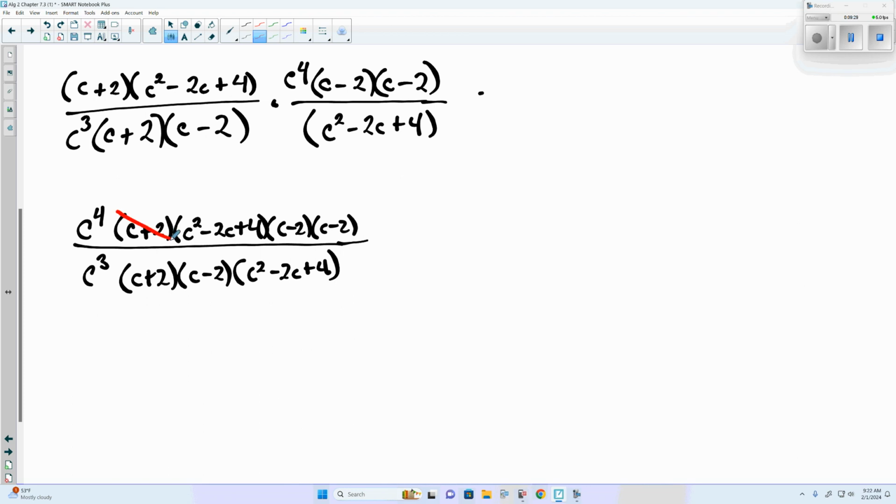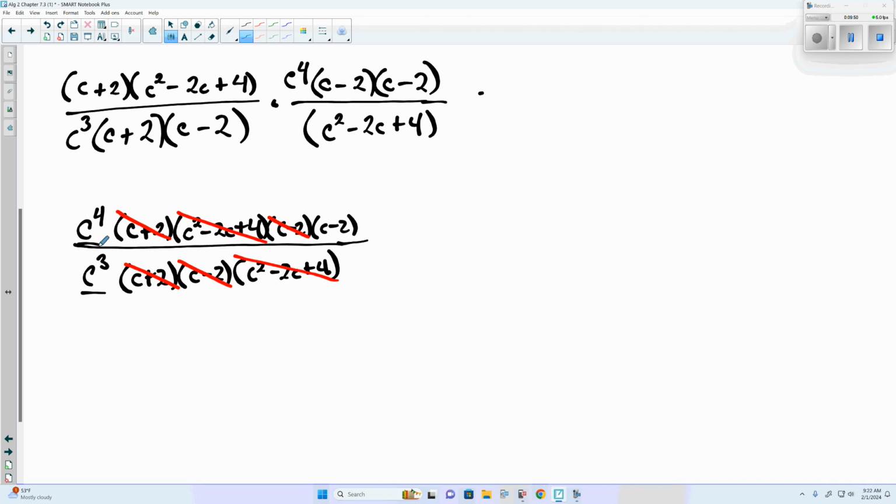Our c plus 2, yes? What else do we have? C minus 2. C squared minus 2c plus 4. C to the third and c to the fourth are in common, yes?